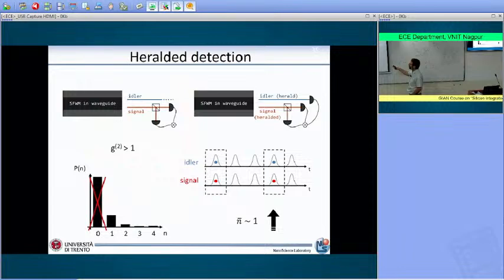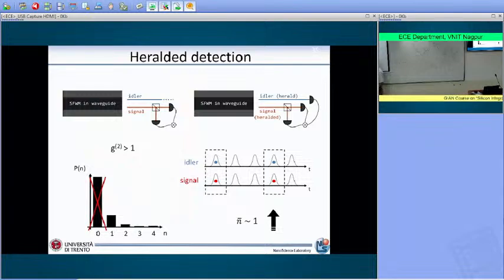So I'm measuring the herald photon that is heralding to the Hanbury Brown-Twiss experiment that I'm performing the presence of the other photon. So from the point of view of the photon statistics, it means that now I'm measuring the properties of the photon state of the signal only when the other photon in the pair is present.